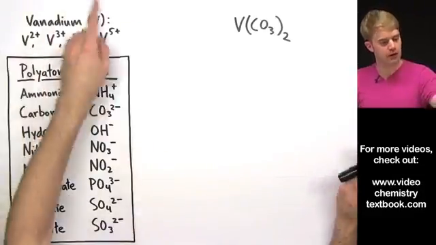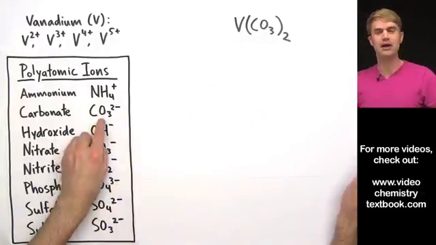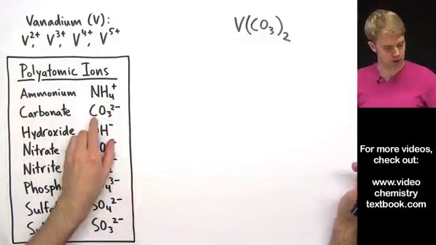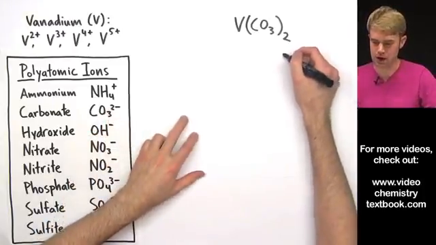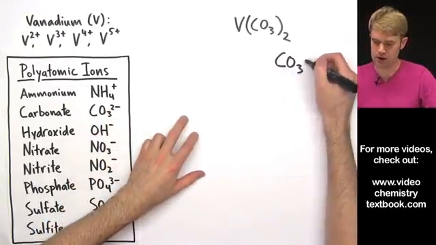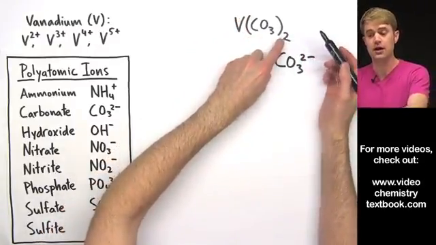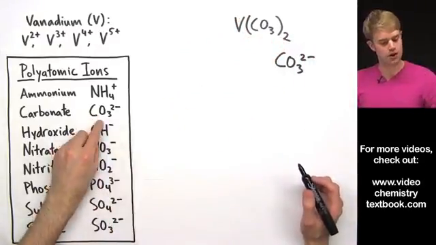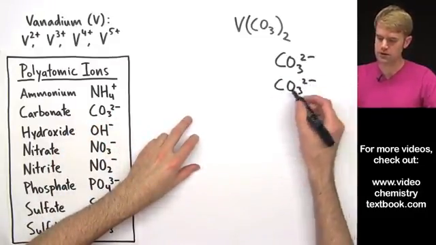So, to figure out the charge on vanadium, we need to focus in first on carbonate, our negative ion. So carbonate, CO3, has a charge of 2-. Okay, CO3 2-. These parentheses and the 2 outside tell us that we have 2 of these carbonates. So let me write another one in here. CO3 2-.